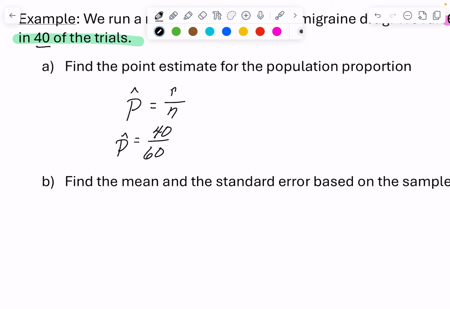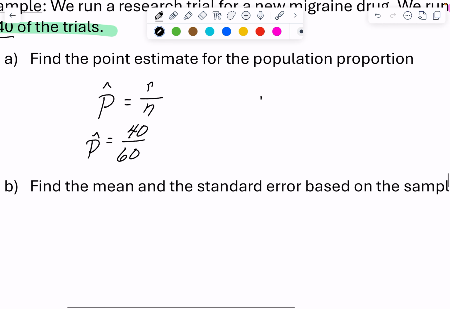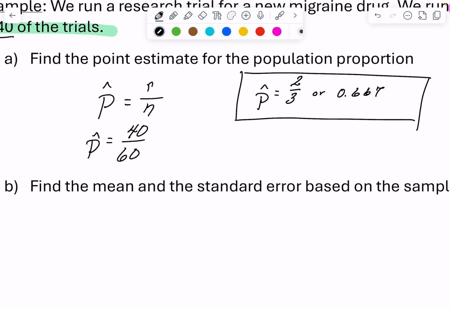So we're left with 40 over 60. And showing a quick calculation, we see that p hat is going to be equivalent to 2/3 or 0.667 or 6 repeating. Okay. That is our point estimate for the population proportion.